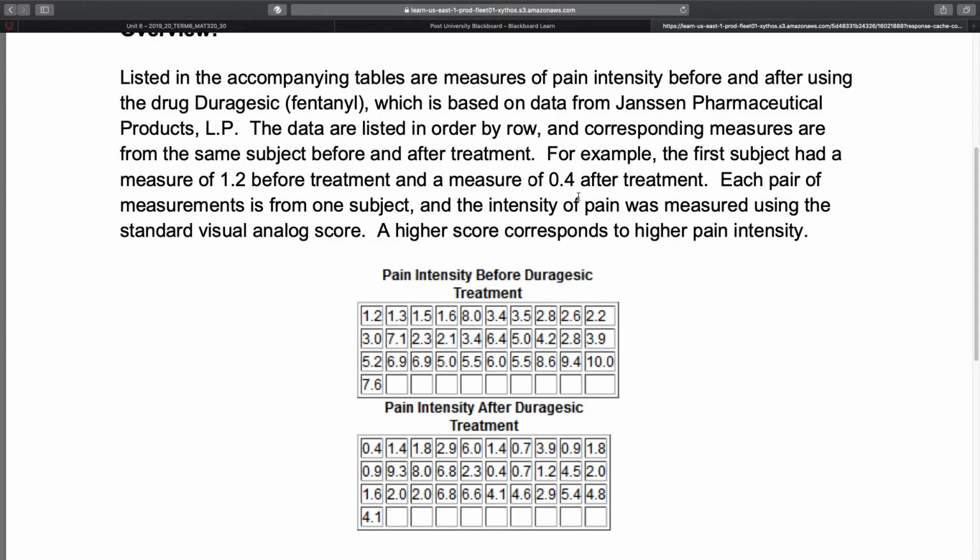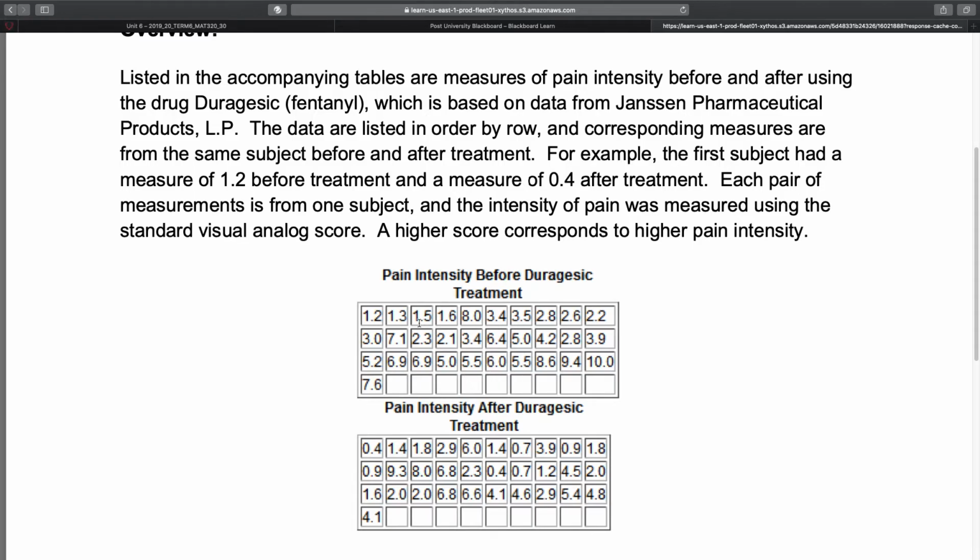The data are listed in order by row, and corresponding measures are from the same subject before and after treatment, meaning that they are paired or matched data. For example, the first subject had a measure of 1.2 before treatment and a measure of 0.4 after treatment. Each pair of measurements is from one subject, and the intensity of pain was measured using the standard visual analog score. A higher score corresponds to higher pain intensity.